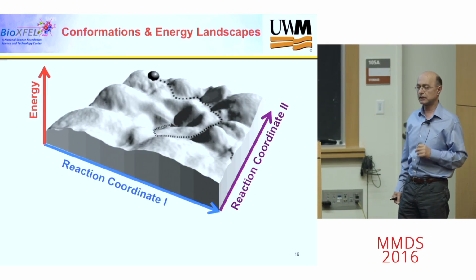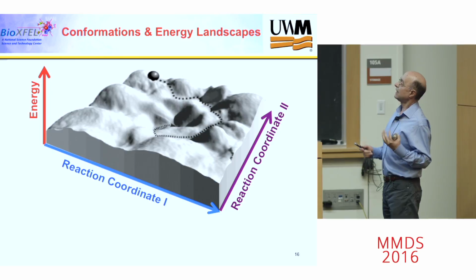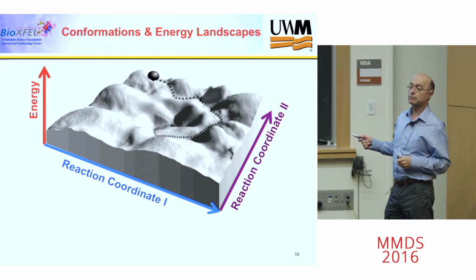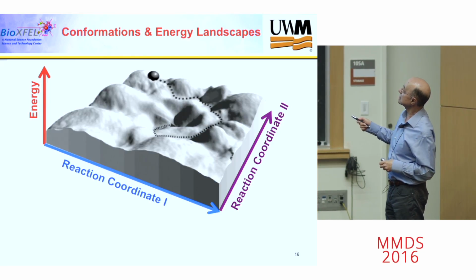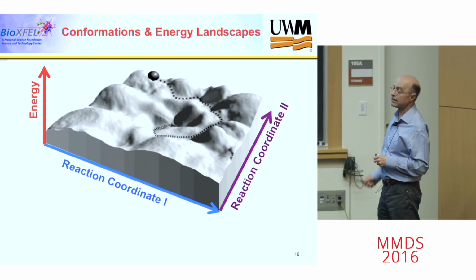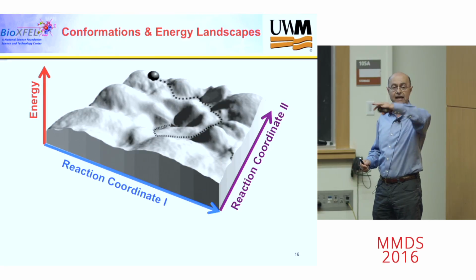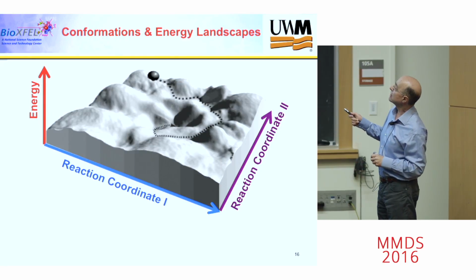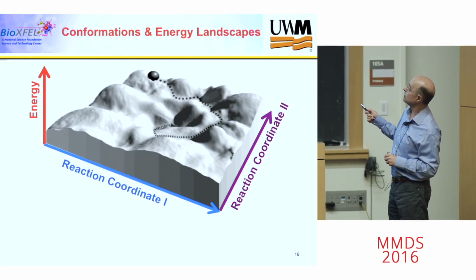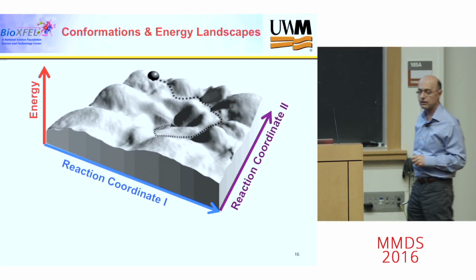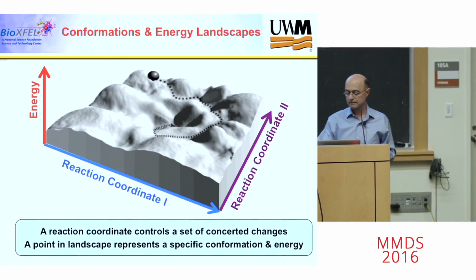That is absolutely critical. And so finally, let's take a very simple system where there are two reaction coordinates. And then on the third axis, you see the energy associated with any point on this landscape. So you have an energy landscape. At each point, you have specified the value of two orthogonal reaction coordinates and the energy associated with that.